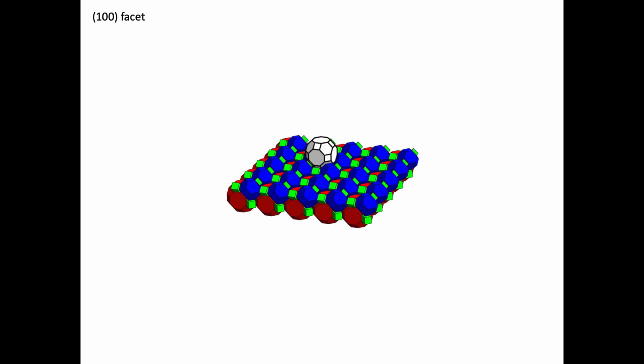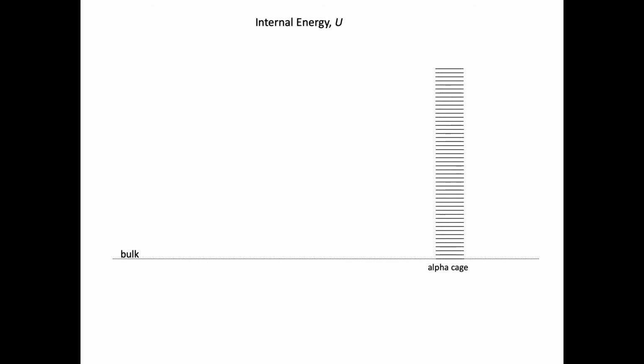Imagine, say, this large alpha cage at the surface of the crystal, or out in solution, or in the bulk solid. Well, these would be different free energy states, so you can start to build up an energy diagram starting from the bulk, say for the alpha cage, where this one in solution is at the top energy state, this one on the surface site is some energy level further down, and the bulk is at the bottom state where everything is in Q4.